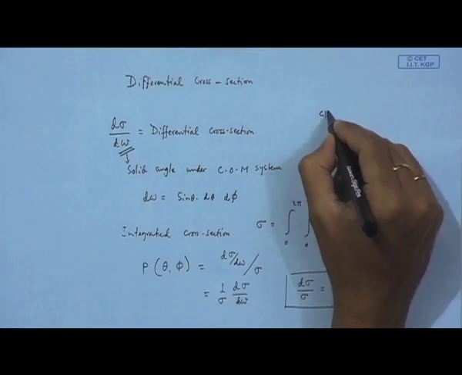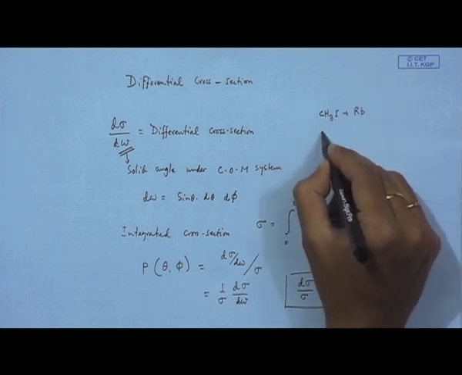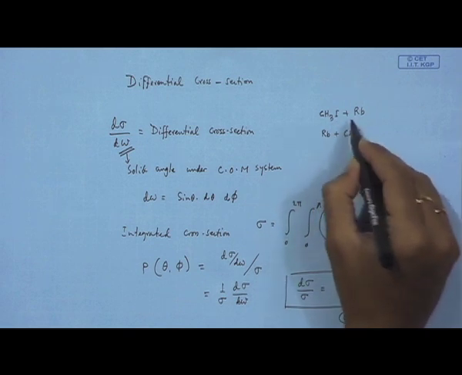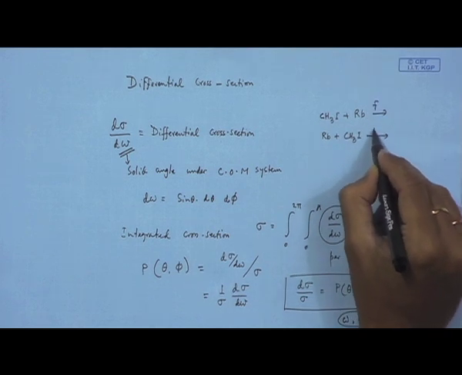But remember, in one case I gave you one example, CH3I plus Rb and Rb plus CH3I. In one case this is a favorable orientation, and this is an unfavorable orientation.